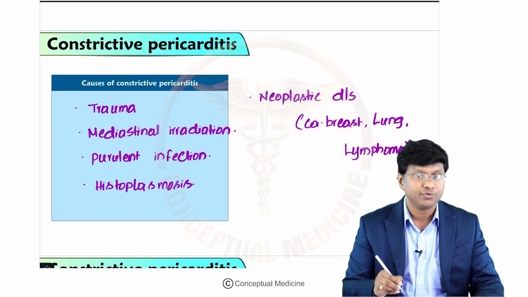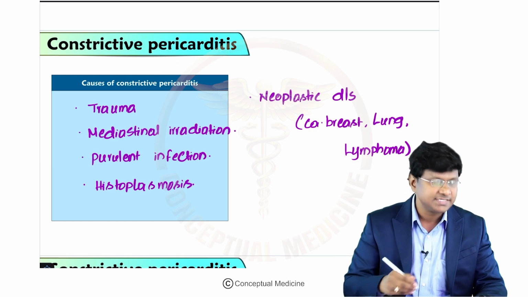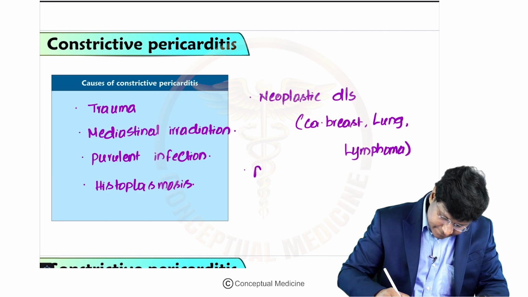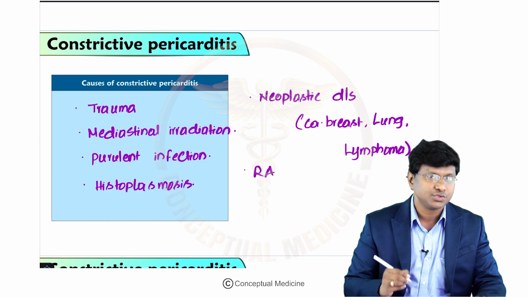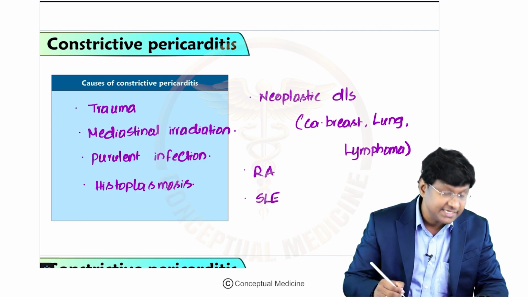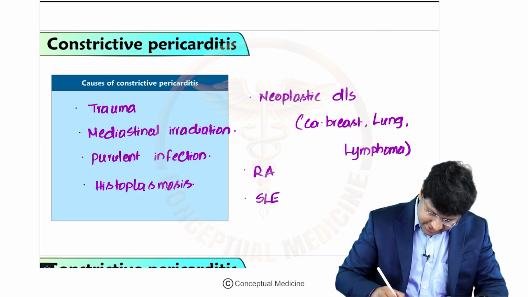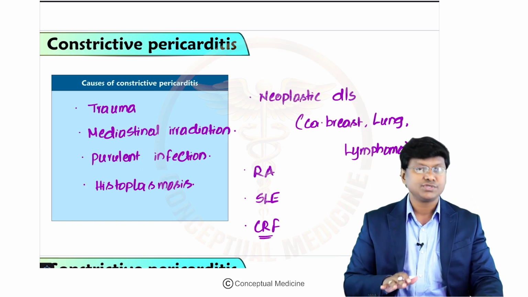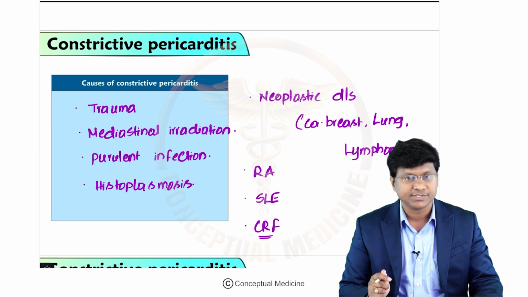So these are the neoplastic diseases which will cause constrictive pericarditis. Then followed by that, rheumatoid arthritis, then SLE, and then chronic renal failure. So these are all the causes for constrictive pericarditis.